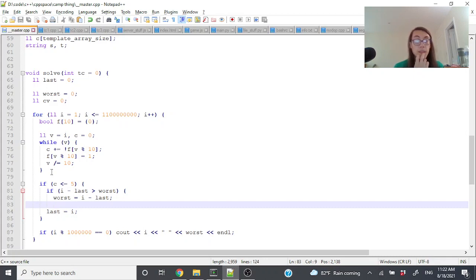But we'll see anyways. Hopefully there's no dumb Codeforces bug again, because last time they just screwed over people that did pre-computation. And it was very dumb.